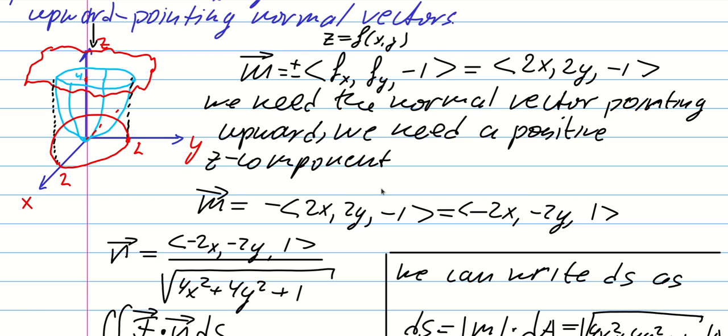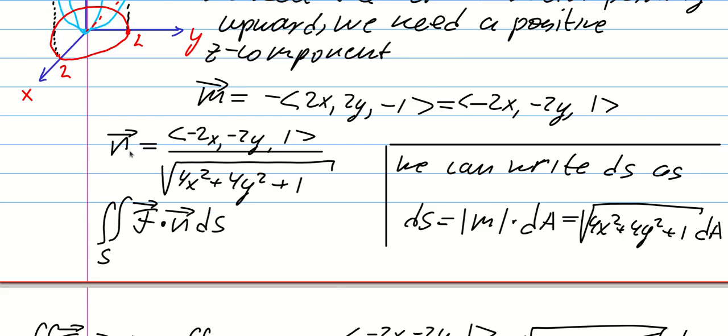Radius 2, because we have z equals 4 on top, so 4 equals x squared plus y squared, so we need to take the square root of 4 to get the radius.